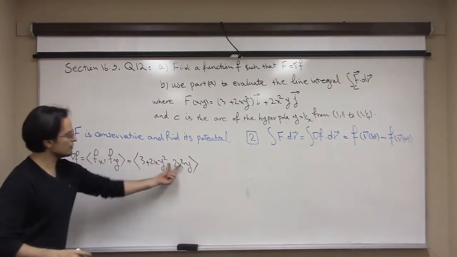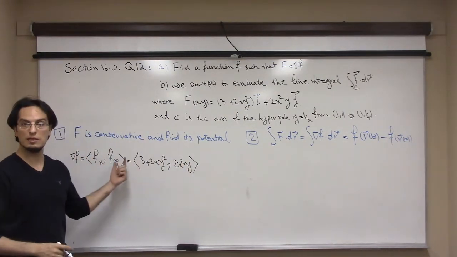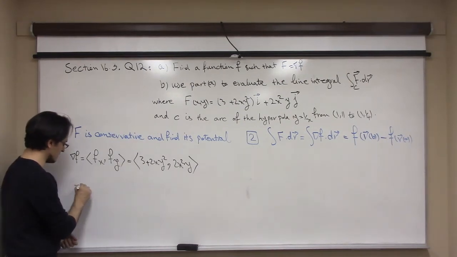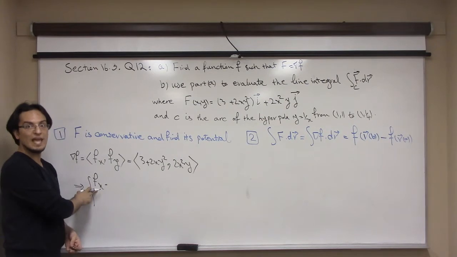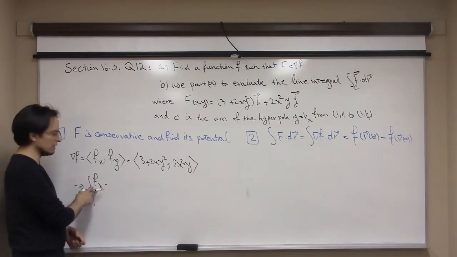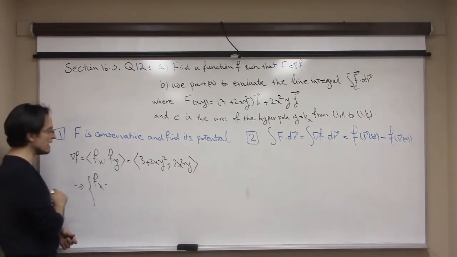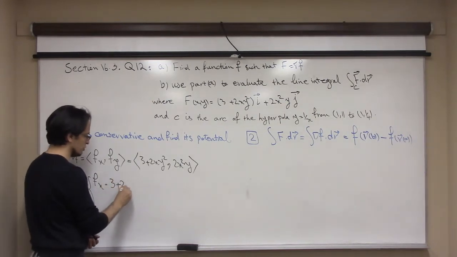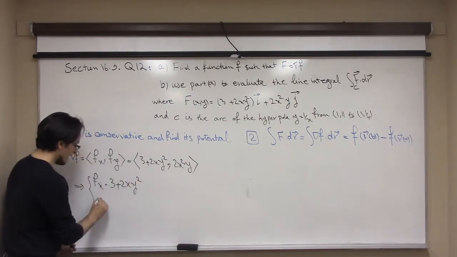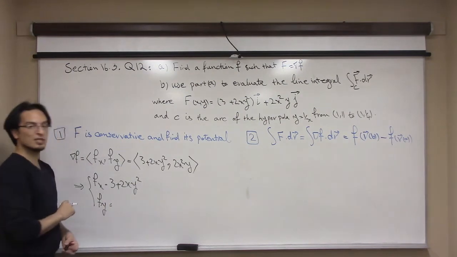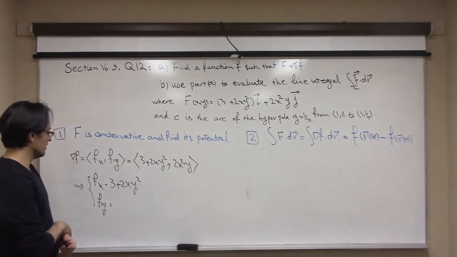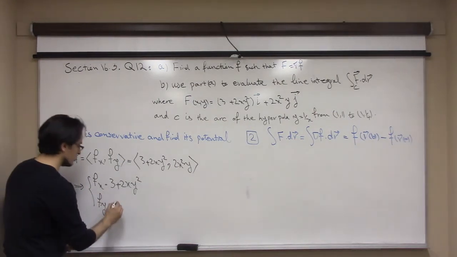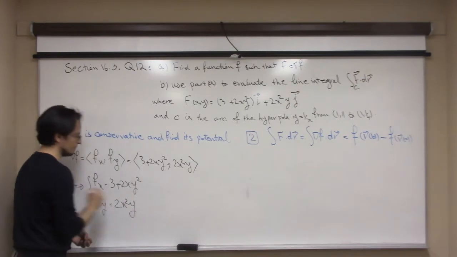I have two vector fields that are supposed to be equal to each other. What does that mean? It means that the partial derivative of f with respect to x is equal to 3 + 2xy², and the partial derivative of f with respect to y is equal to 2x²y.